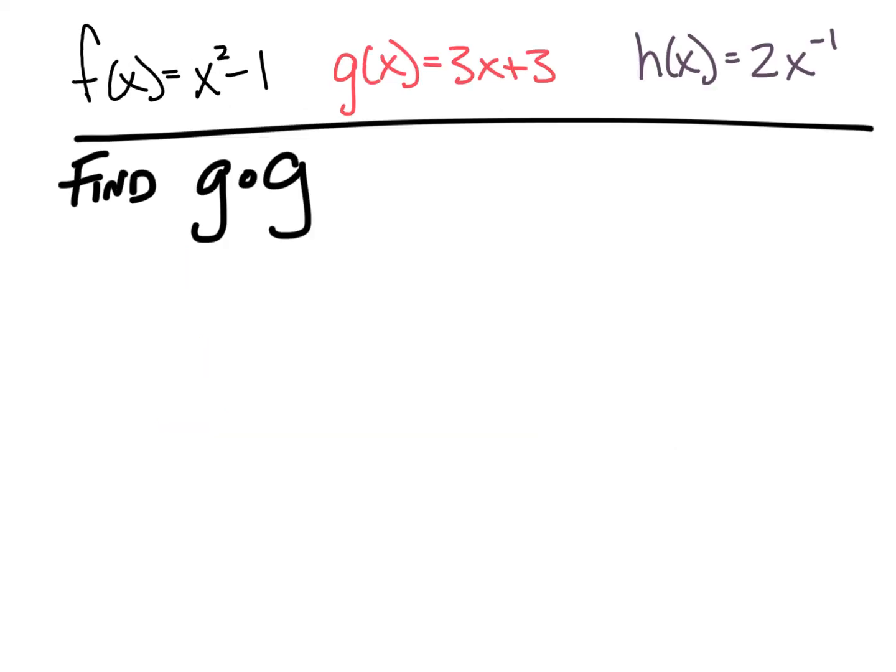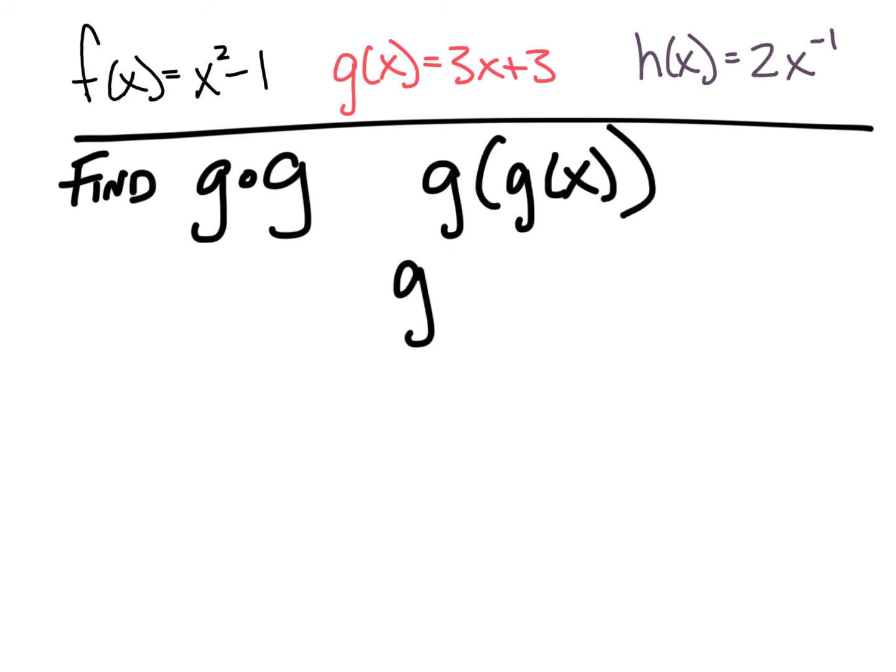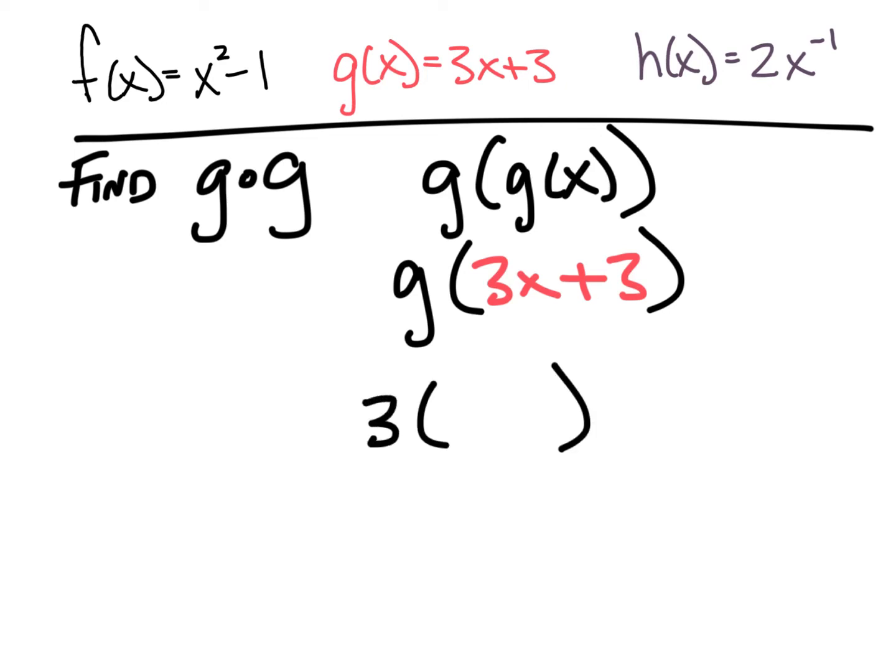Here we're going to do it again. We're going to find g of g. This is just a different way to write it, but this is basically saying what's g of x. So that's g of 3x plus 3. So I'm going to write out the function g, 3 times x plus 3, and I replace that x with 3x plus 3.